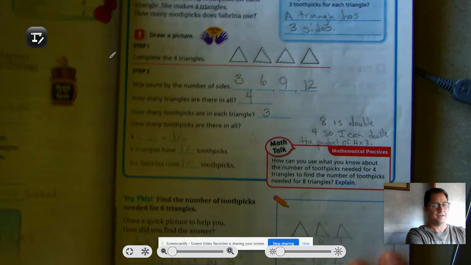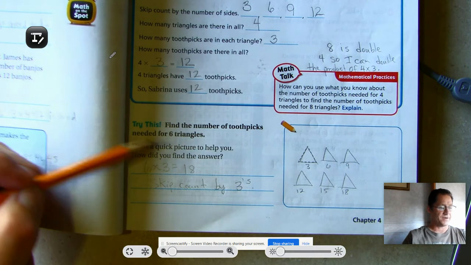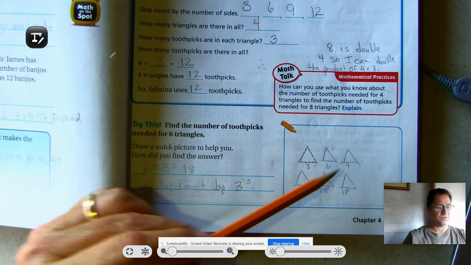And so 6 times 3, we just skip count. 3, 6, 9, 12, 15, 18.